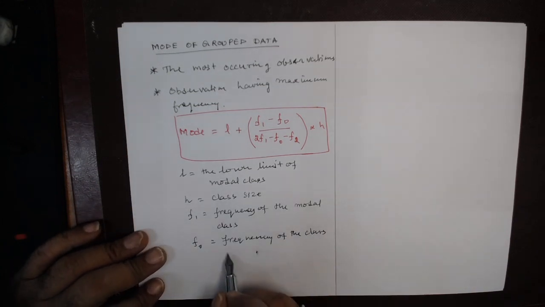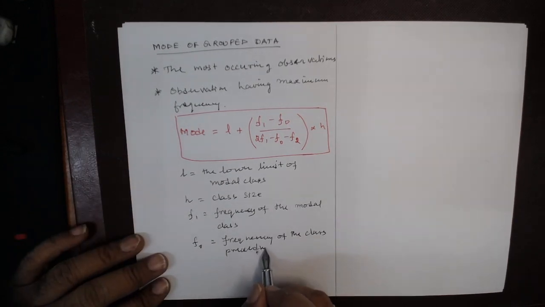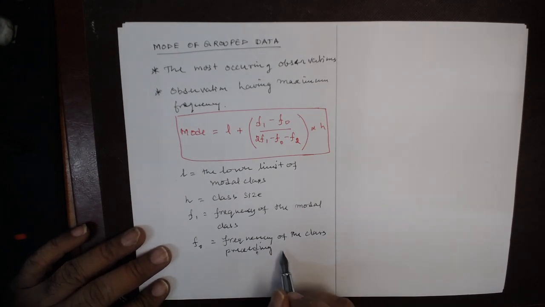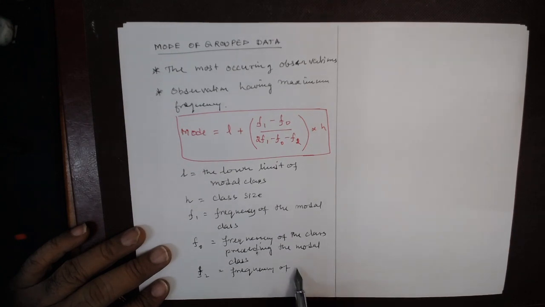Frequency of the class preceding means previously, in front of, so preceding the modal class. F2 is the frequency of the class succeeding the modal class.